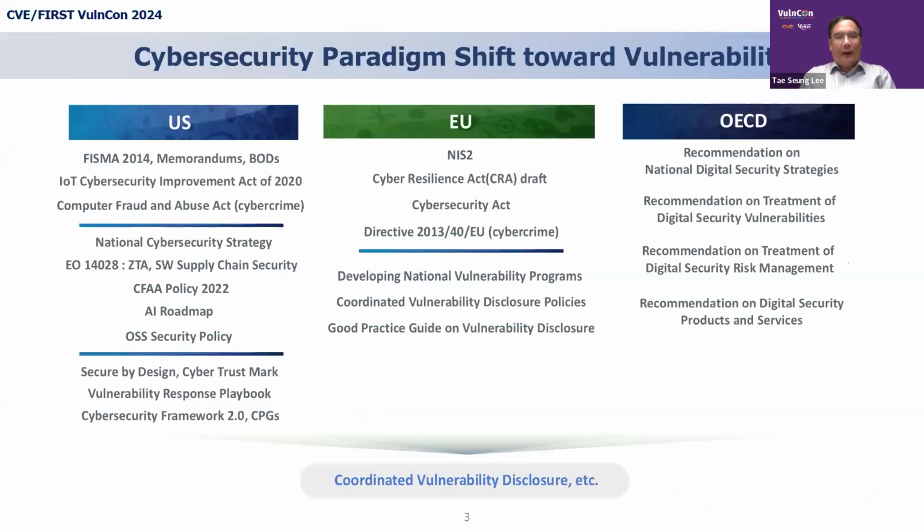In this slide, I will explain cybersecurity paradigm shift toward vulnerability, focusing on cybersecurity laws, policies, and guides recently published. Also, I will sequentially present in the order from US, EU, to OECD.